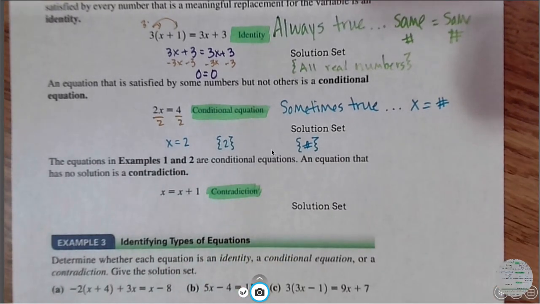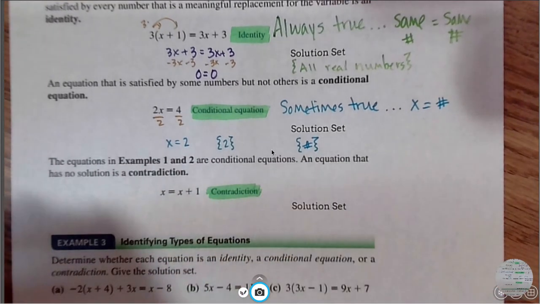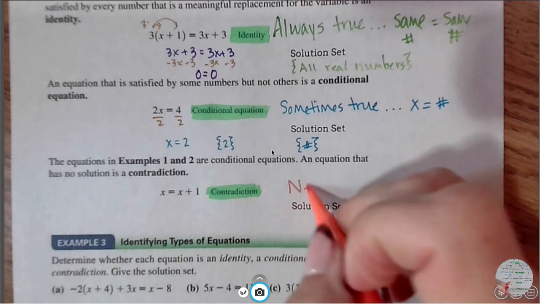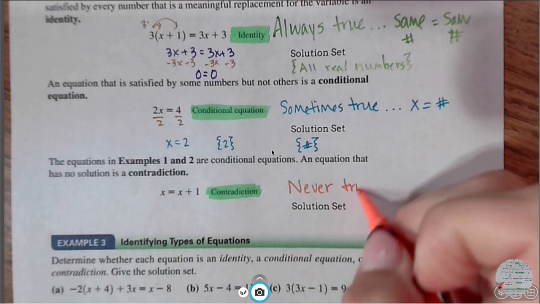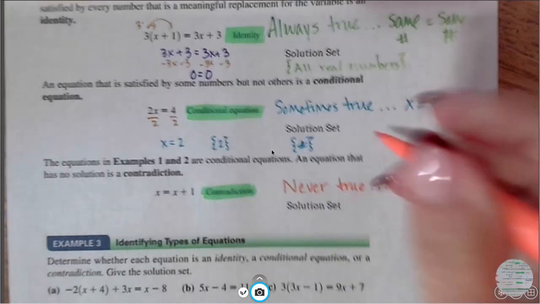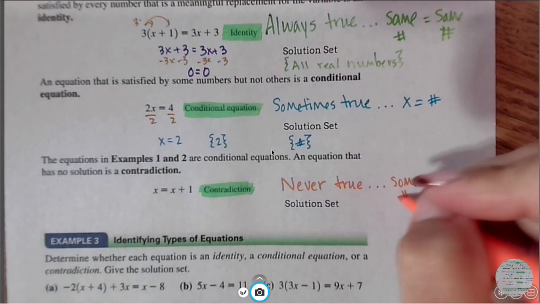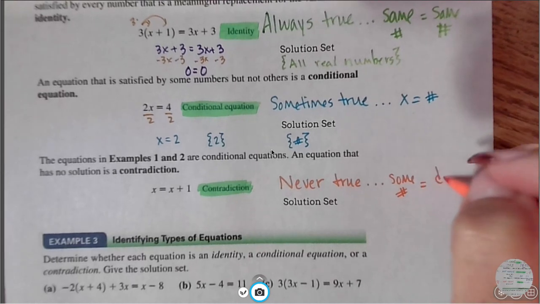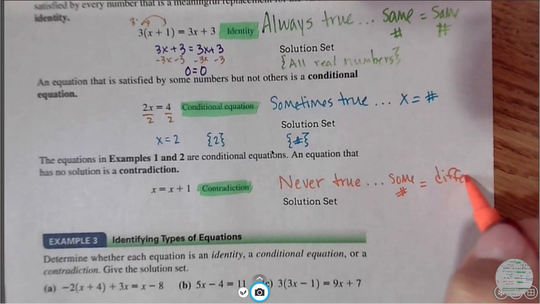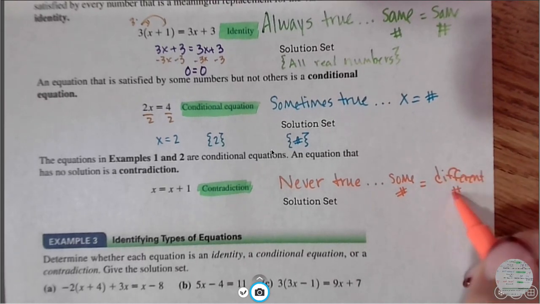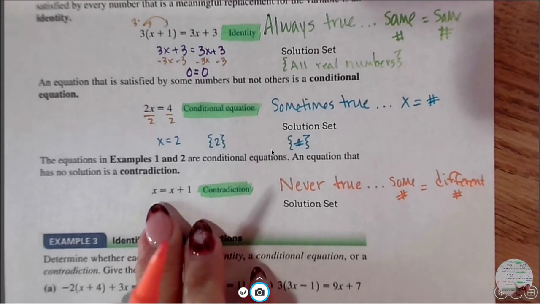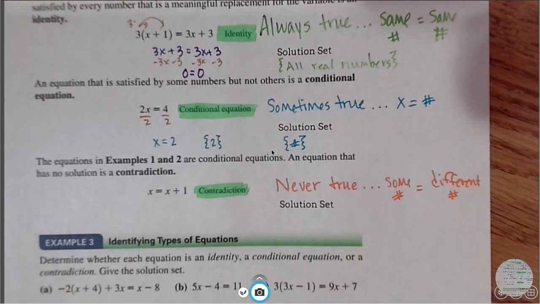And then we have something that is called a contradiction. A contradiction is never true. That's why it's called a contradiction. In a contradiction, you're going to get some number, but it's going to be equal to a different number. So in this case, I have x equals x plus 1.